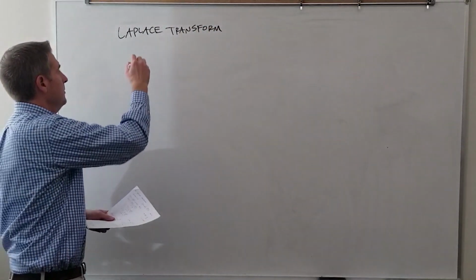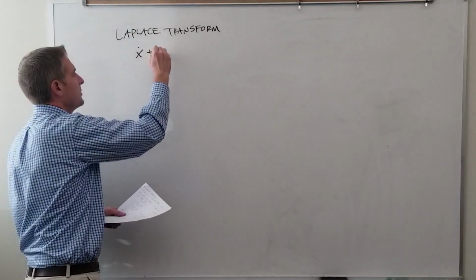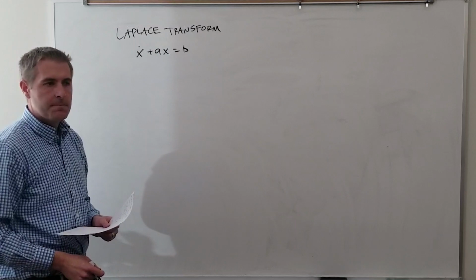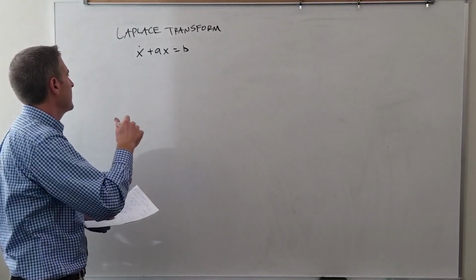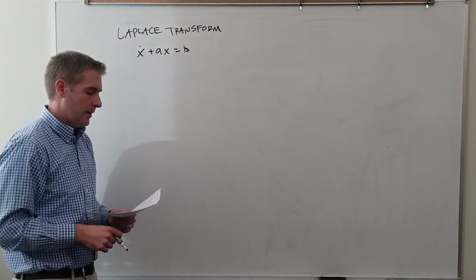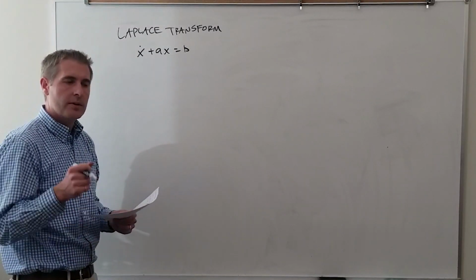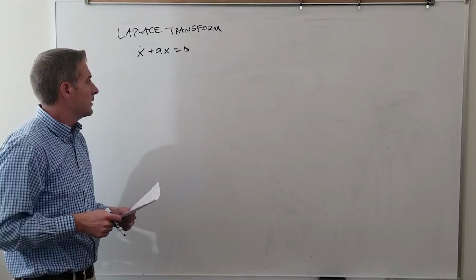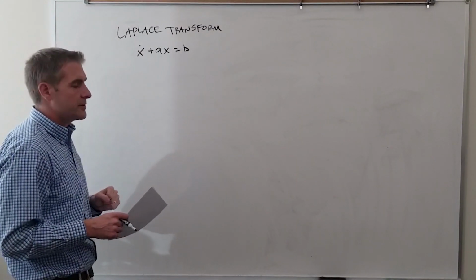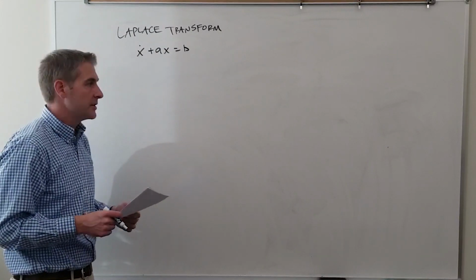And you recall we were doing the example of x dot plus ax equals b, and we had gone through a couple of the different lines in table 2.2, 2.22 and 2.21, I believe, that talked a little bit about how we convert these ordinary differential equations into algebraic expressions.